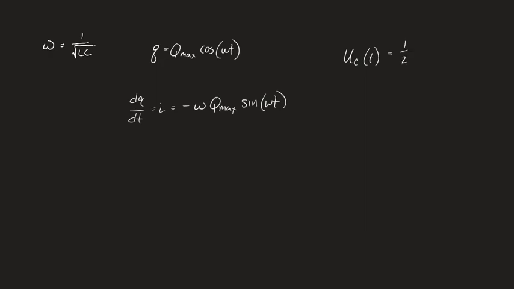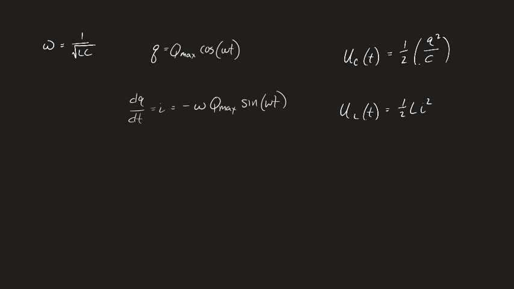Now I want this in terms of charge, so that's going to be q squared over C. I'm purposely using the lowercase q because q is a function with respect to time. And we already talked about the fact that the energy in an inductor as a function of time would have to be 1/2 L i squared. Sorry, I wrote that wrong at first. It's q squared over C.